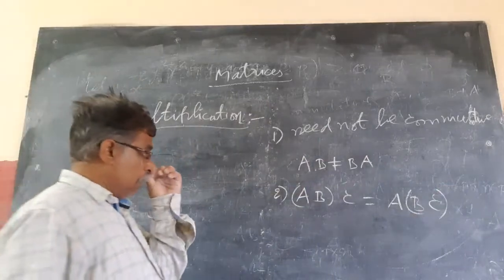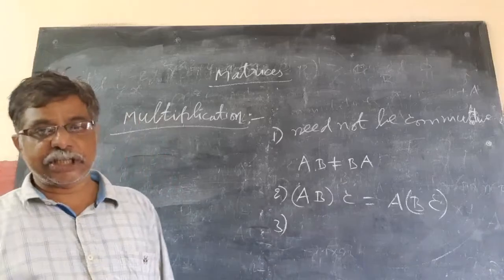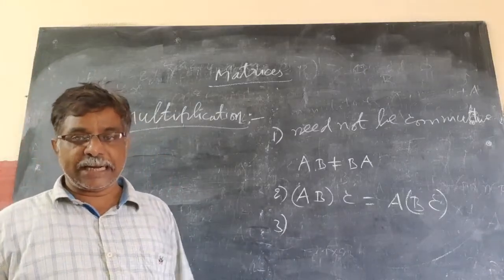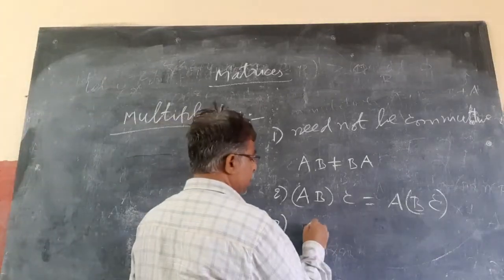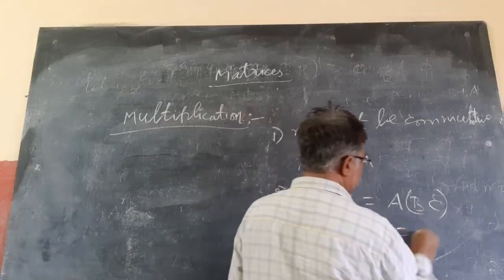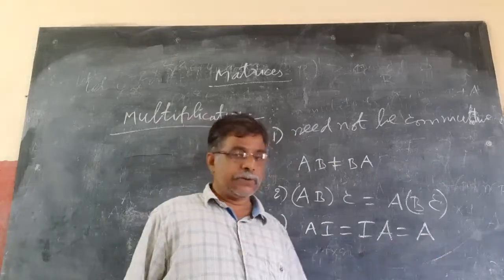Next, identity under multiplication is the identity matrix, the unit matrix. Identity under multiplication is the unit matrix because AI equal to IA is equal to A itself. If you do AI or IA, it gives you A itself.